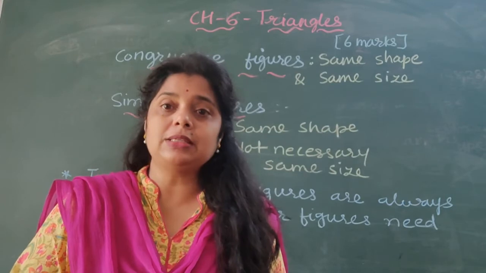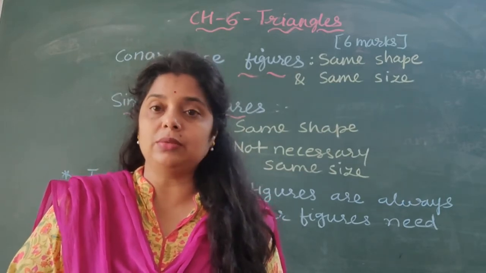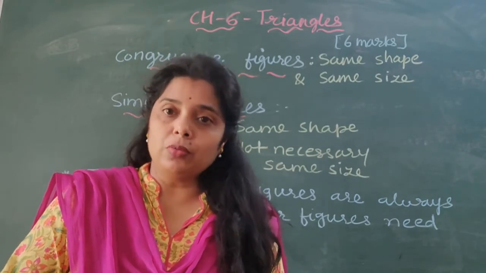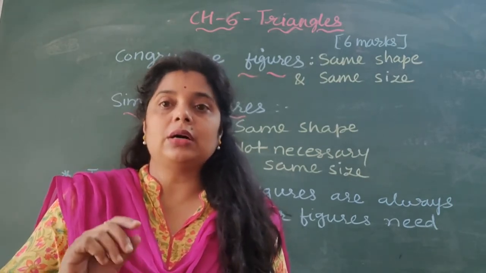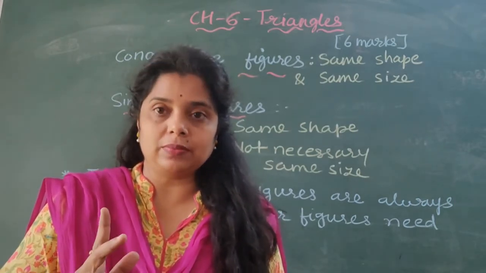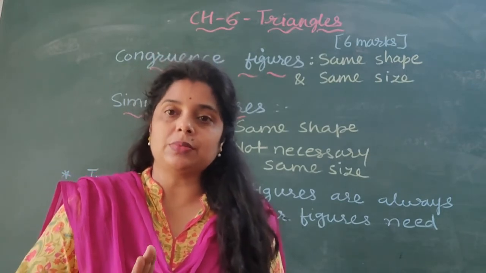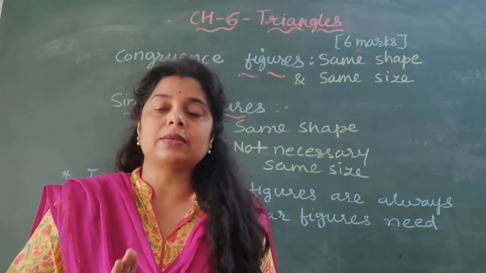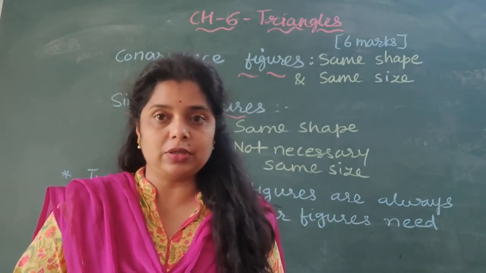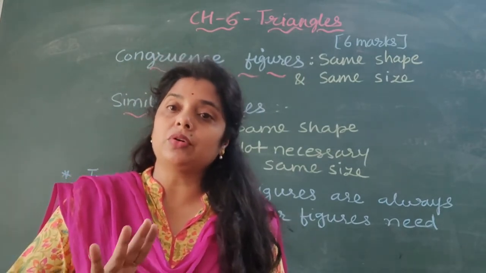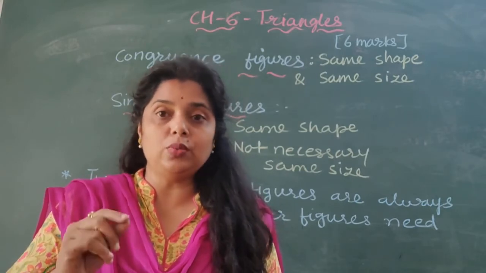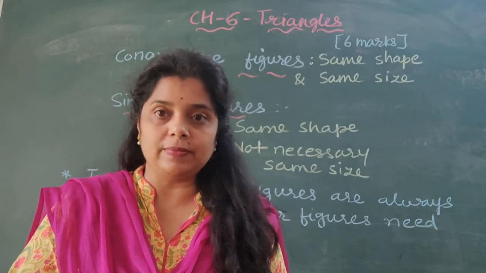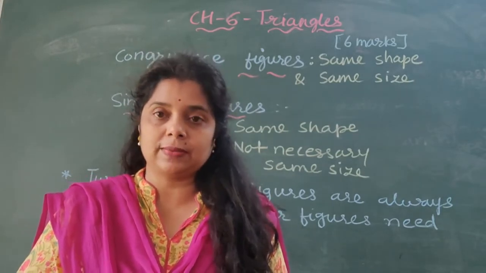This chapter, as it carries 6 marks in board exam, out of 6 marks, 4 marks is a question of any theorem. This chapter, chapter number 6, has almost 5 or 6 theorems, different type of theorem. And out of these 5 or 6 theorems, any one theorem must be there in board exam in section D. It carries 4 marks.